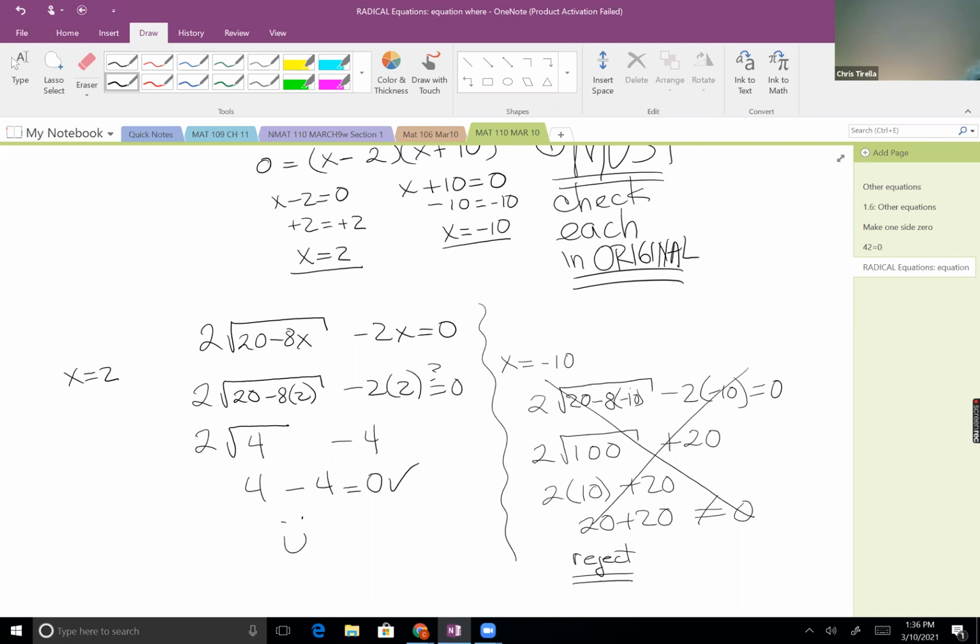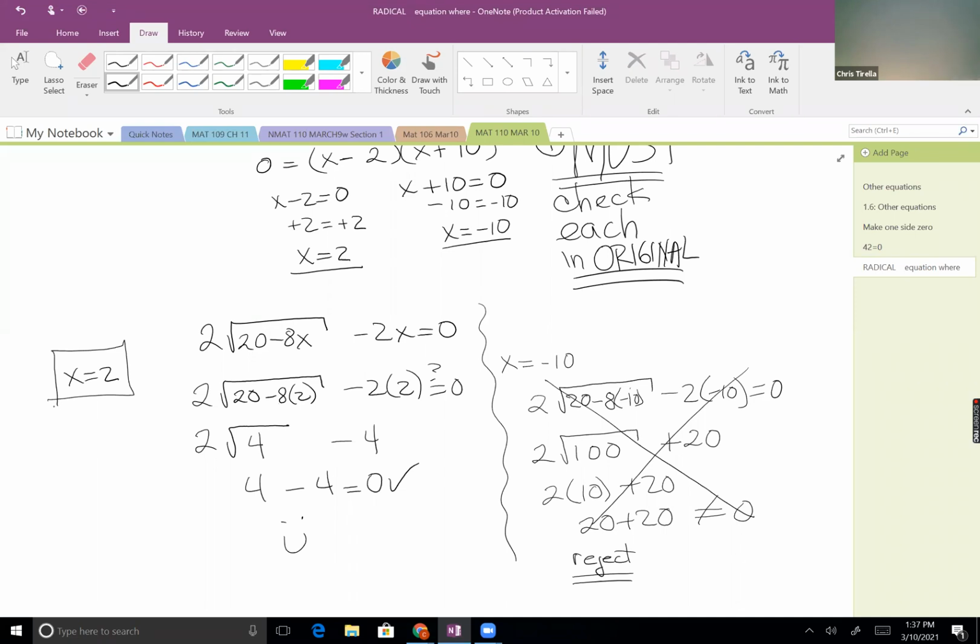Okie dokie. So the answer is just 2 then? Yep. So this is the only answer. And it is not unusual with these equations to get a solution that does not work. And so you always want to check with these.